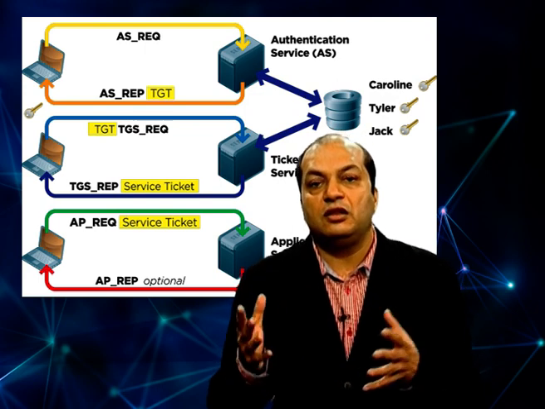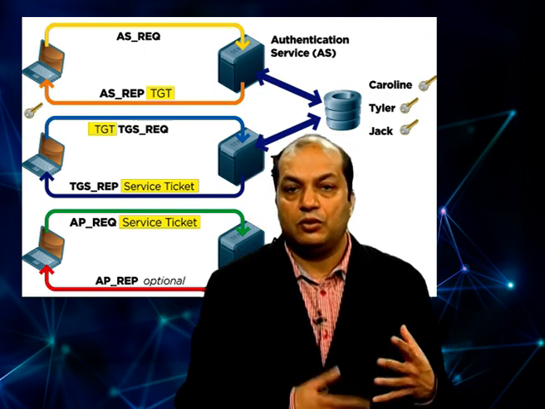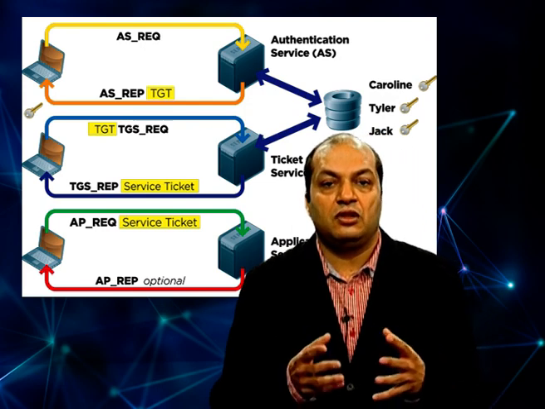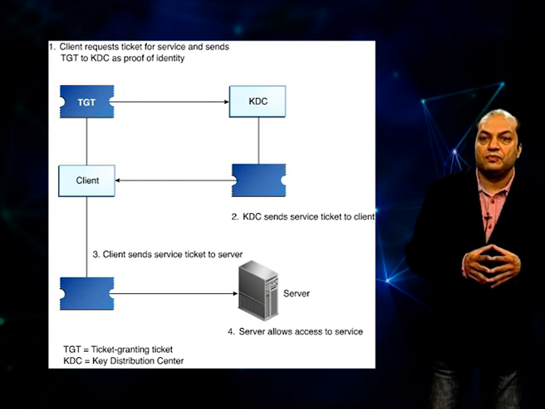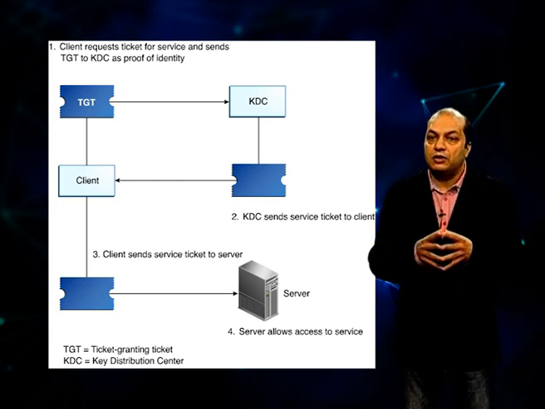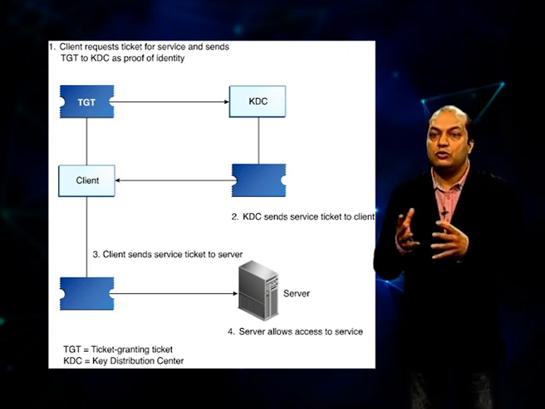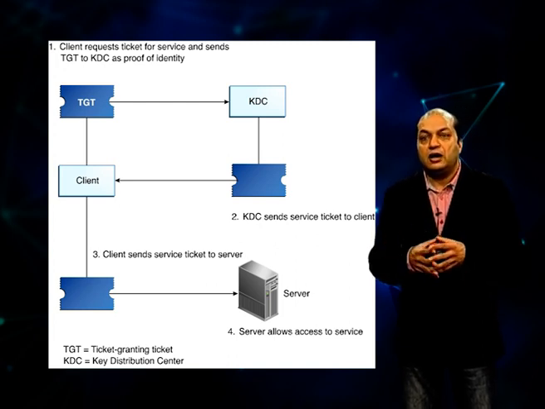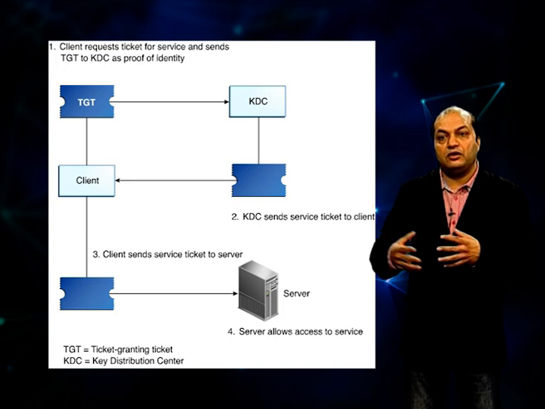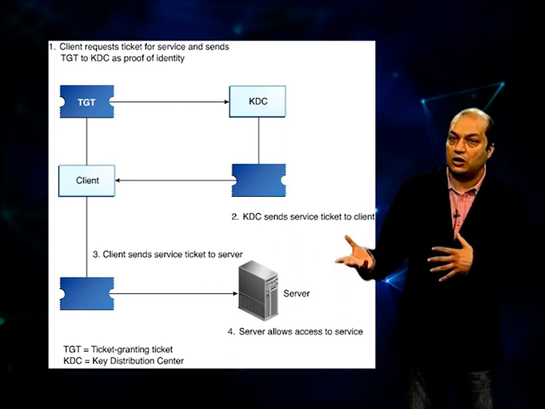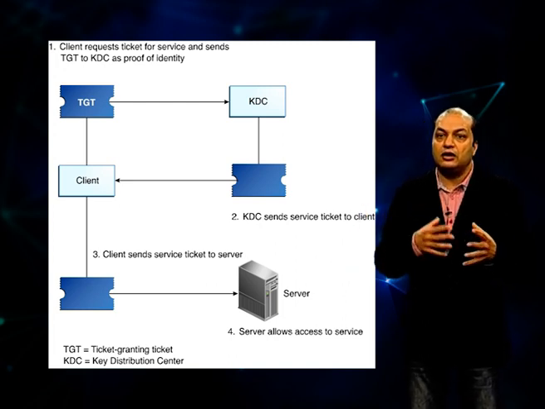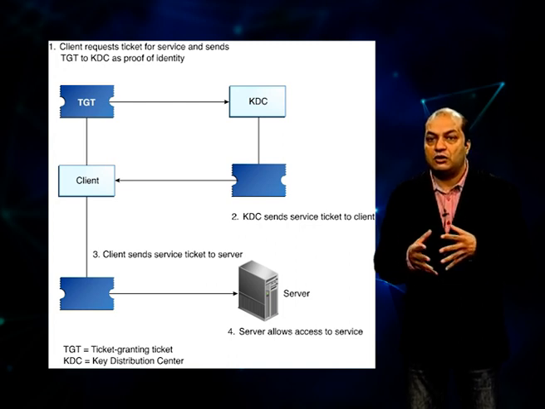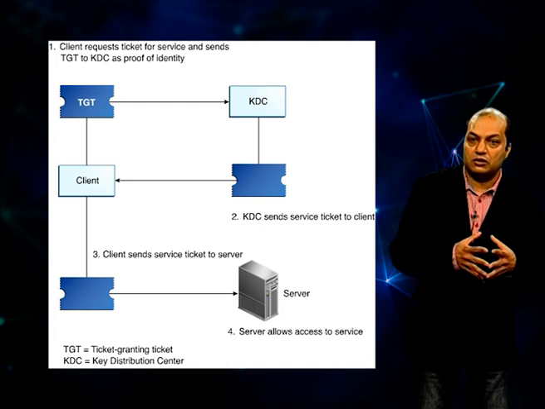So, basically this is an overview of the Kerberos protocol, which is widely used in many enterprise applications across the world. Here we can see how the application server can get user credentials verified by the authentication server or KDC, and how it can further verify whether the user request is fresh or not by seeing the ticket issued by the ticket granting server, before providing service or giving access to its resources.